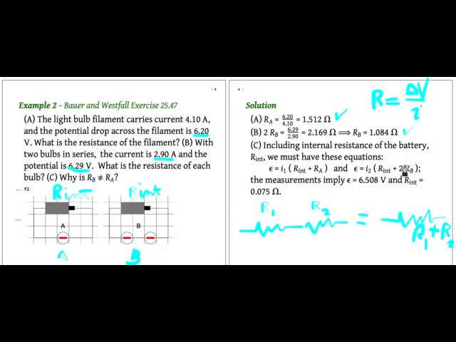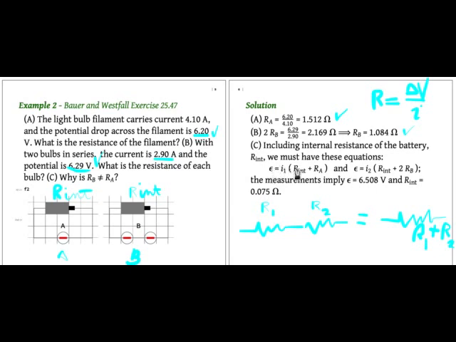So the total resistance there would be R internal plus 2 times RB. Now this delta V is not the EMF of the battery. This 6.2 volts is the voltage across the light bulb, measured by a voltmeter, and similarly this 6.29 volts. So what's not given in the problem is the EMF of the battery.